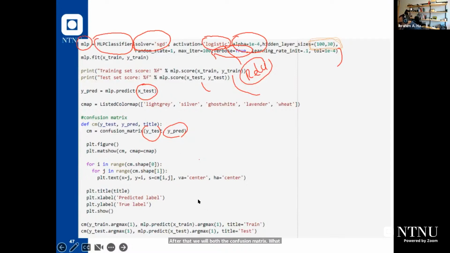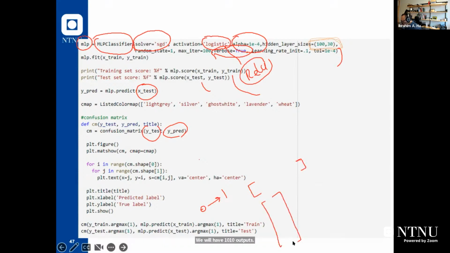We have here y_train.argmax of model predict. I guess the prediction, because we used this logistic function, so the output will be a number between 0 and 1, right? So we will get 10 outputs, a vector of 10 outputs.